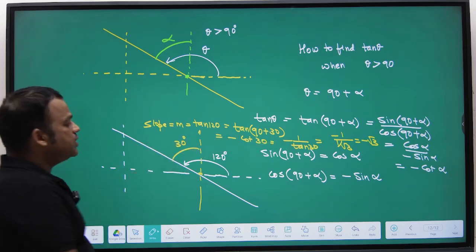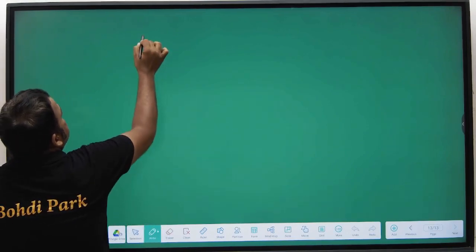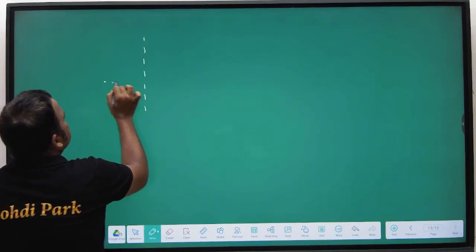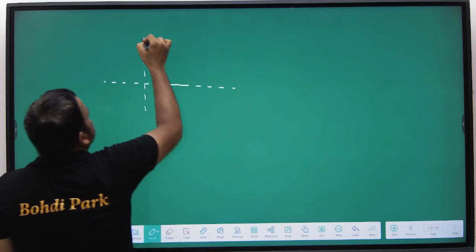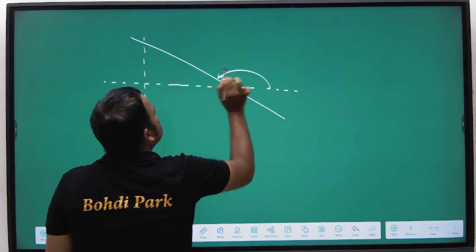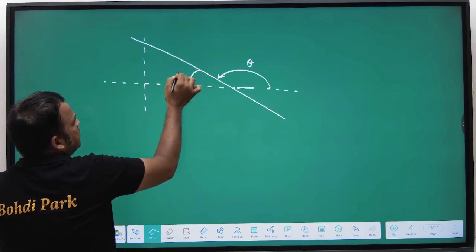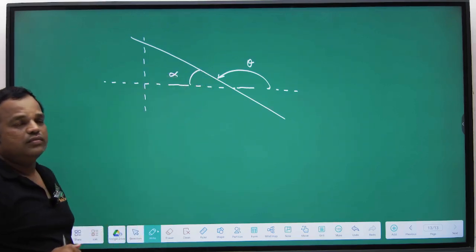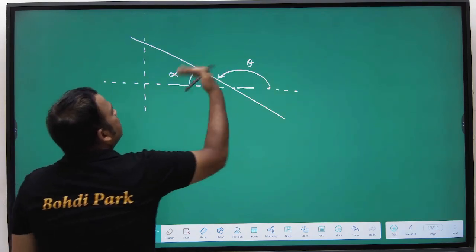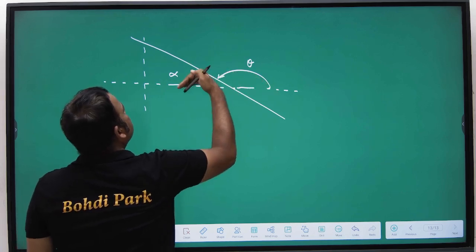One more method is there. If the same situation is there, we can solve it using a different method. Suppose this is theta. You consider this angle, suppose this angle is alpha. The remaining angle: this total angle is 180, up to here it is theta, and the remaining is alpha.